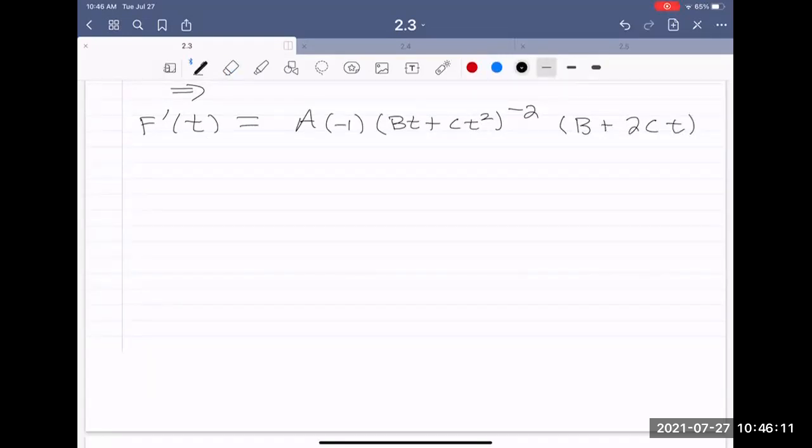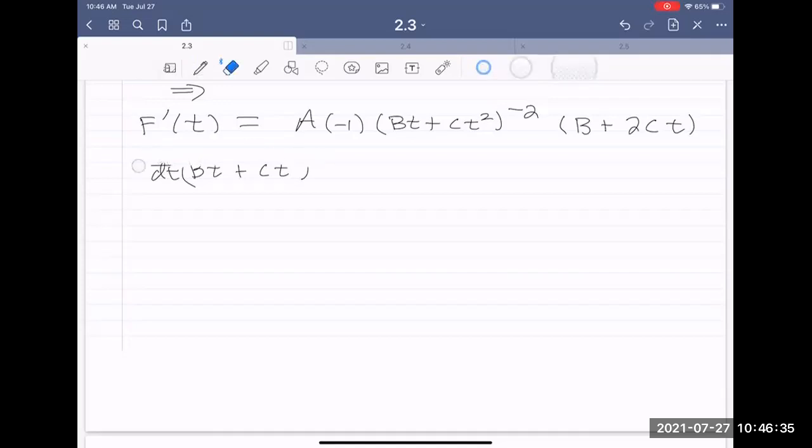Any questions about that? Yes, sir. Which rule did you use to differentiate the second part? Oh, for the B this is plus just 2CT? Let's take the derivative. Oh, no, I understand. But you used first the power rule to bring the exponent down.